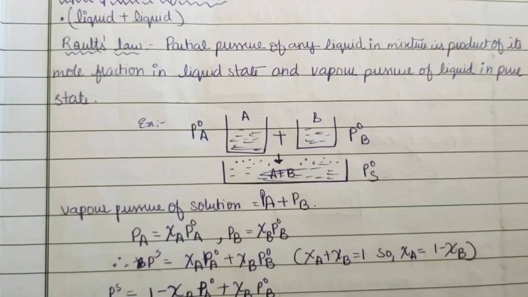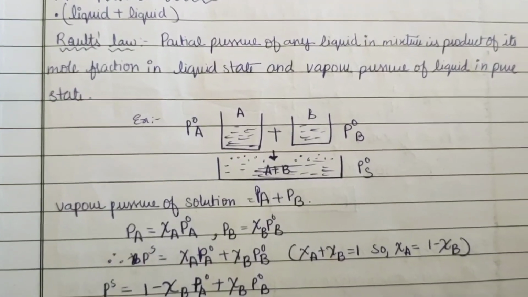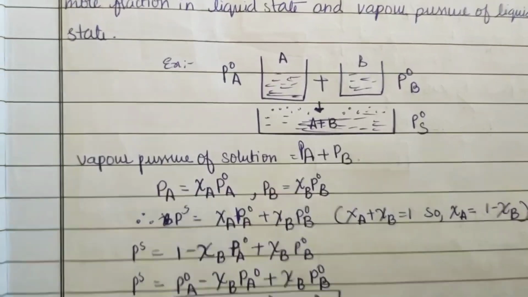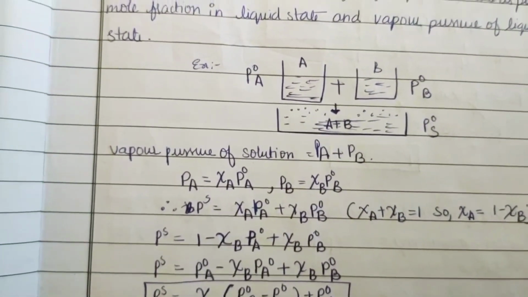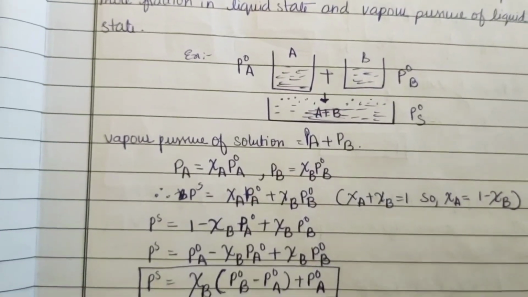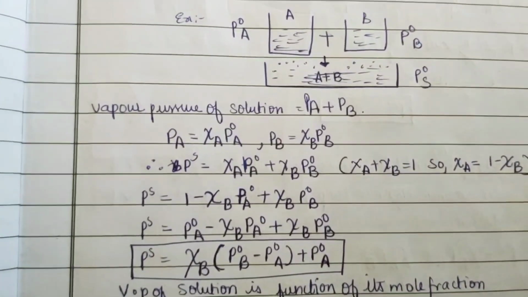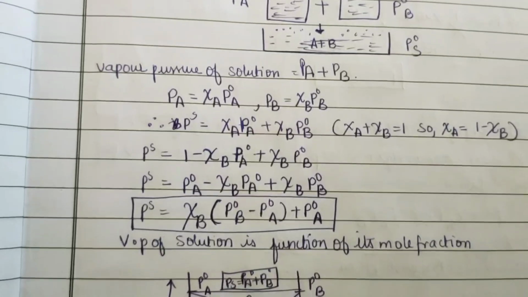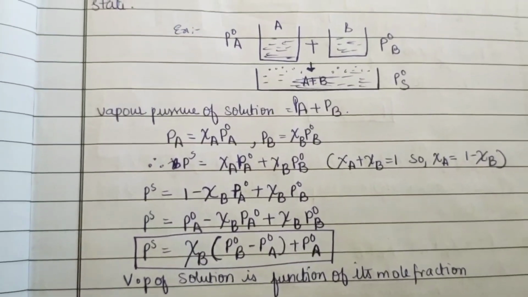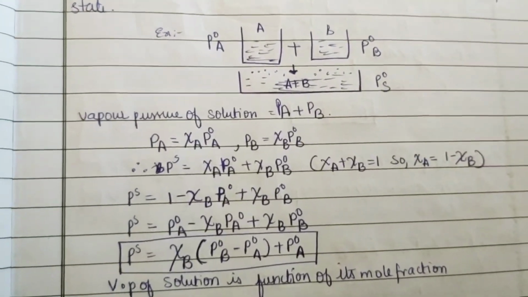So as Raoult's law states, we can write Pa equal to chi A Pa naught and Pb equal to chi B Pb naught. So the vapor pressure Ps equal to chi A Pa naught plus chi B Pb naught, where chi A plus chi B equal to 1.